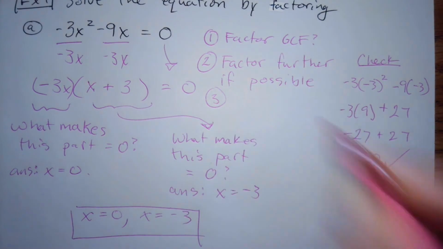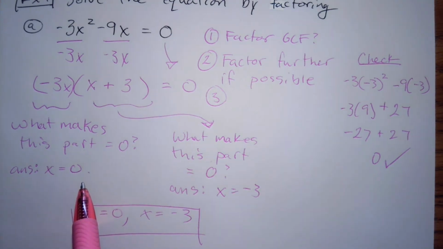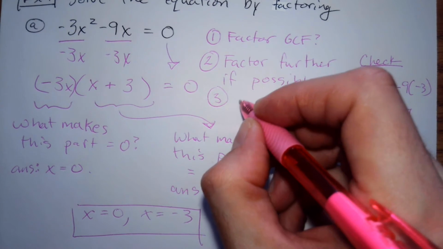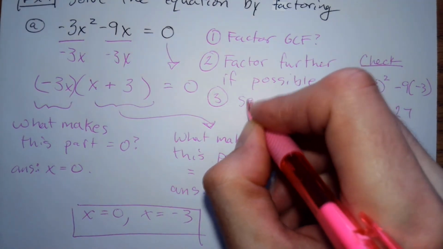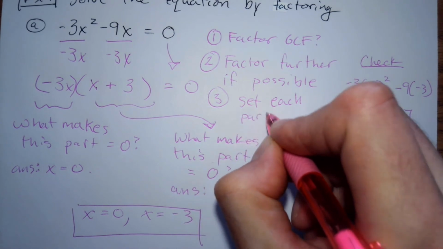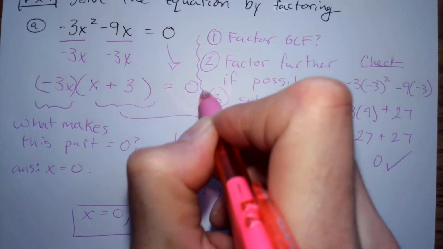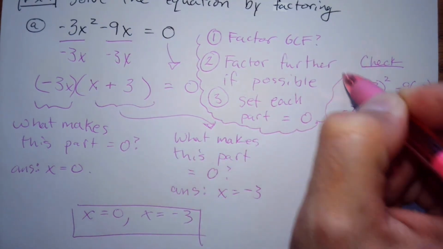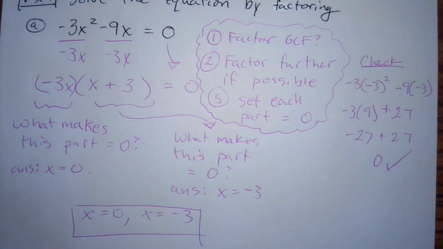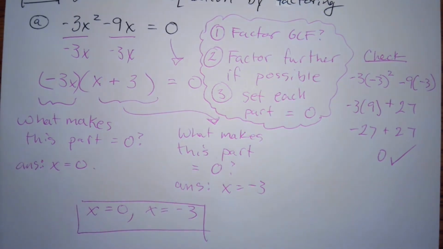And then the third step was to do this part. But I think maybe you'll remember this. Some people say just set each piece, or set each part equal to 0. These will go by a lot quicker once we get going.